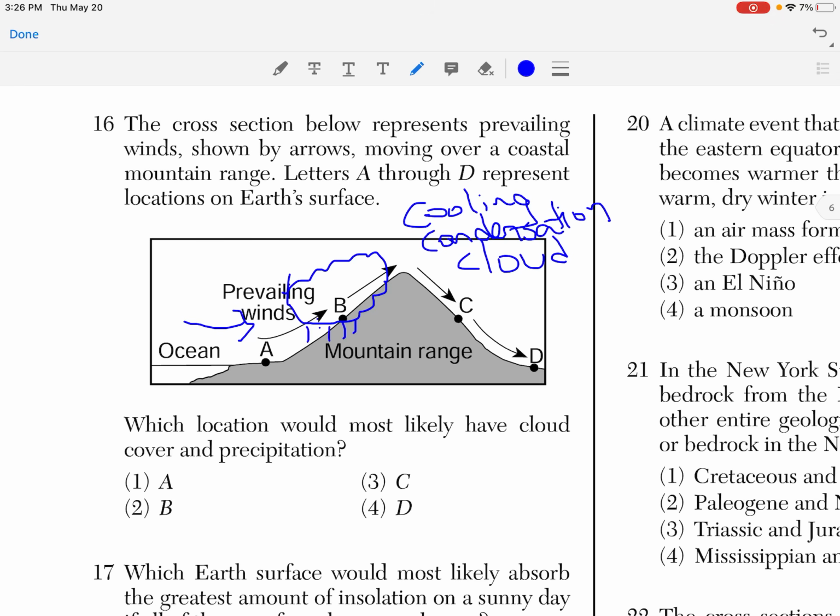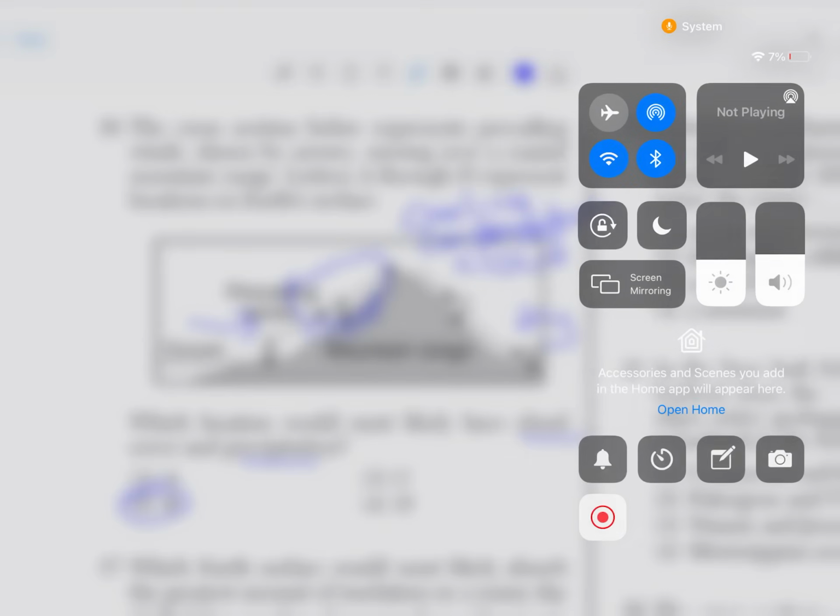And so it's going to be nice and rainy on this B side of the mountain. Whereas over here on the other side, where C and D are located, it's going to start to warm back up again, and it's going to be nice and dry over here. So the answer to this question is like, where do you have cloud cover and where do you have precipitation? Well, that would be where you lift it up to a higher elevation on that prevailing wind side. So the answer is number 2.